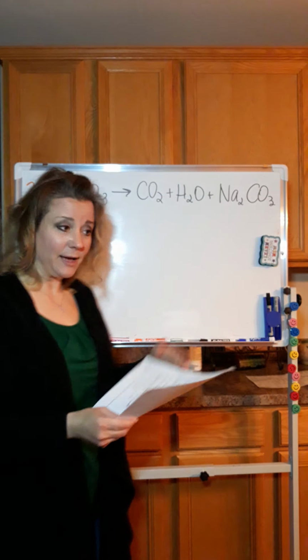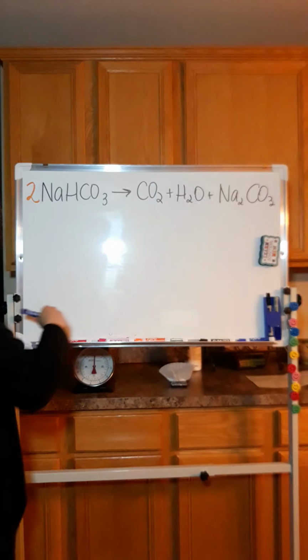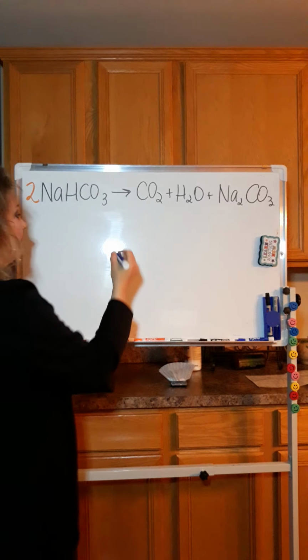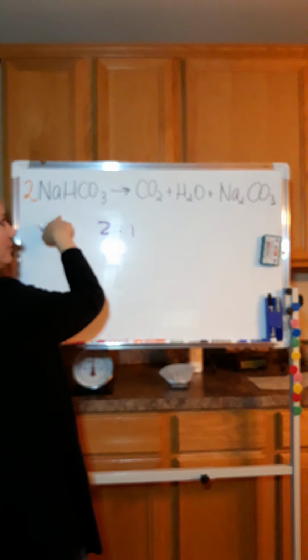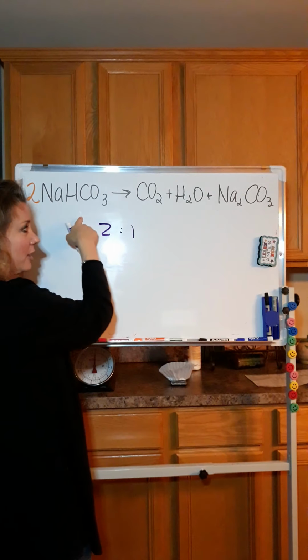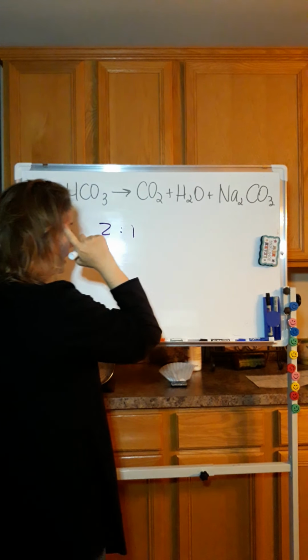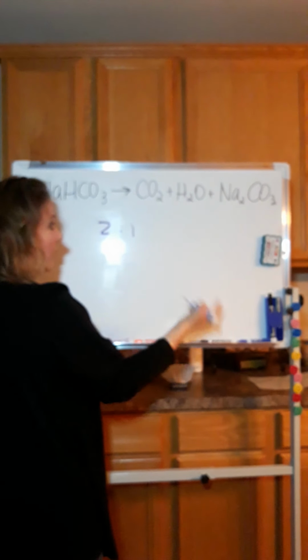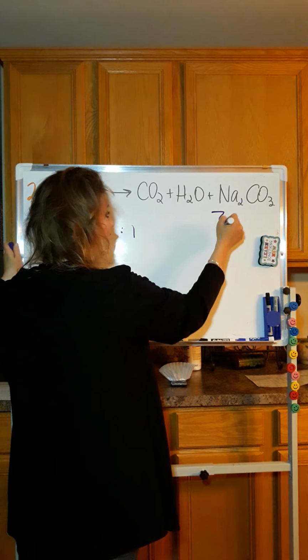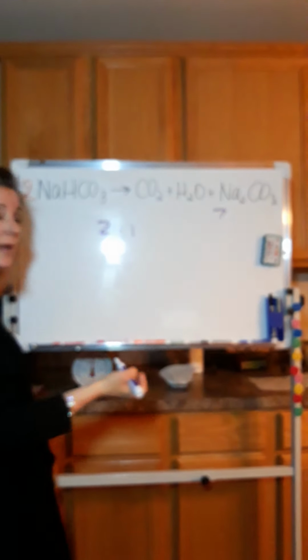So let's think about this logically. We know that the mole ratio is 2 to 1, the amount of moles of sodium bicarbonate to how much sodium carbonate is produced. Well, I want 7 moles of sodium carbonate according to problem number 3.